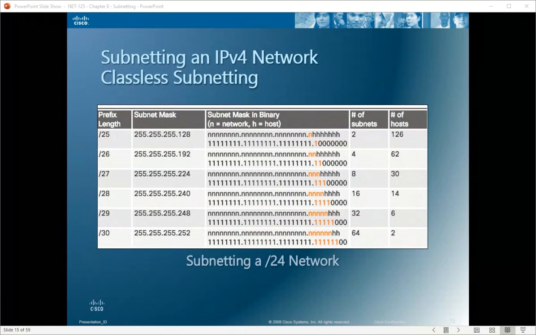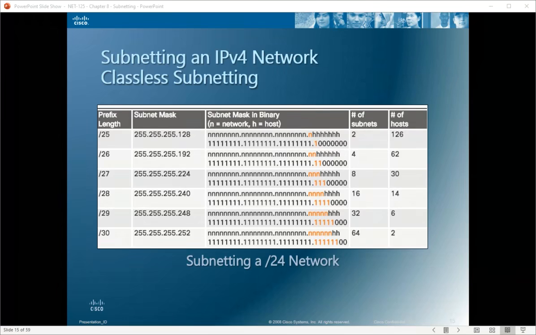We have 62 hosts available. Okay, so that's because we calculated 64. Well, 64 in binary is 2 to the 6th, which would be right in the end of the host bit. So the /26, we have 128, 64, 32. So 64 is that second bit. That's the end of where we borrowed.